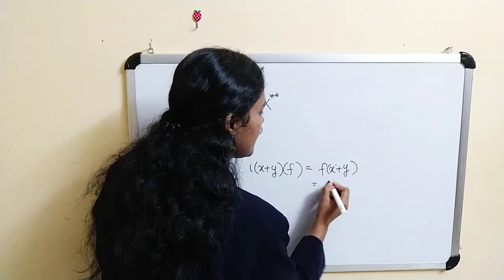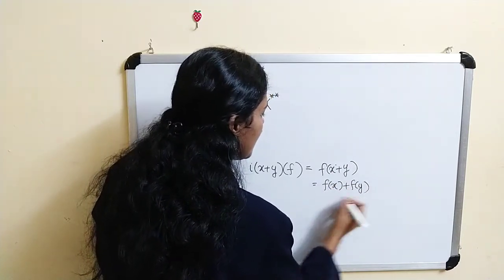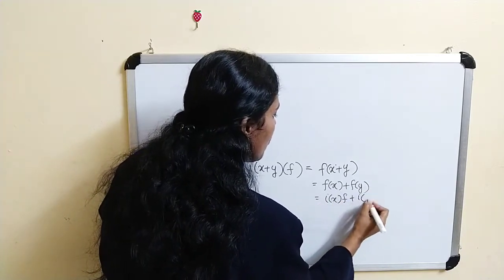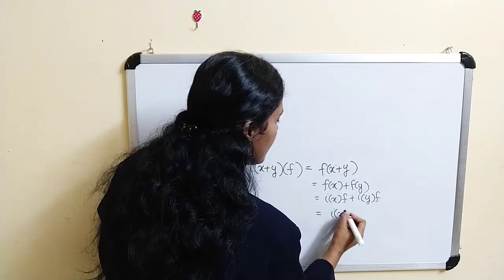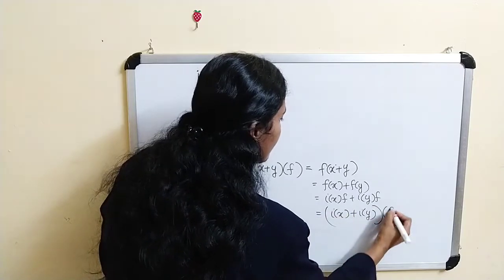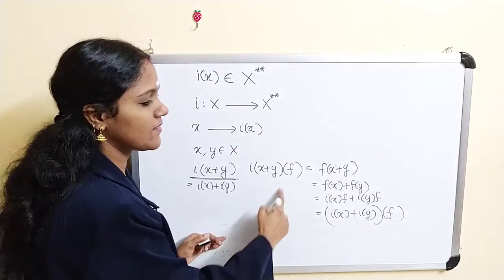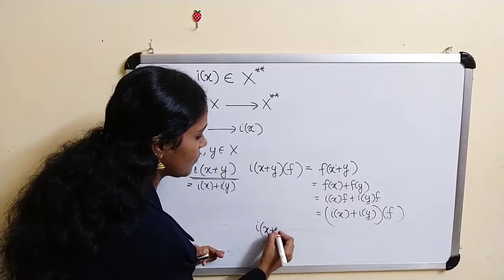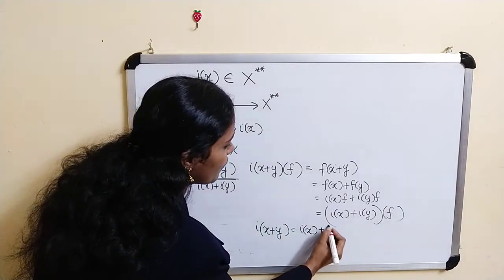As f is linear, this is equal to f of x plus f of y, and this is equal to I of x of f plus I of y of f, and this is equal to I of x plus I of y of f. For any f belongs to x star, this holds. This implies I of x plus y is equal to I of x plus I of y.